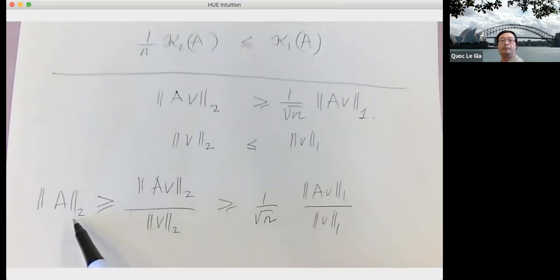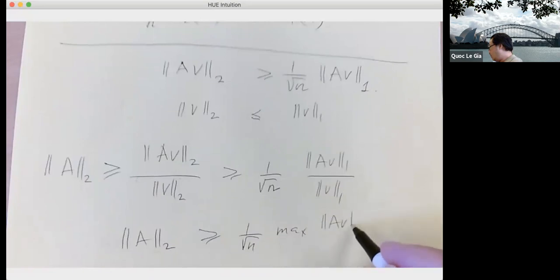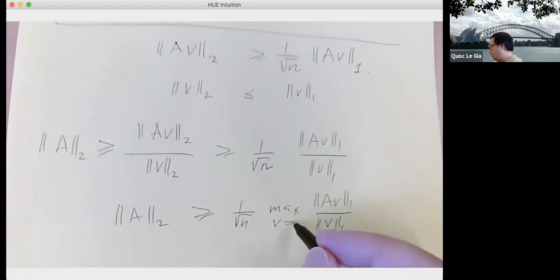And because it is correct for every vector v, you can say that the two norm is greater than or equal to 1 over root n times the max of ||AV1|| over ||V1||, because it's true for every vector v.